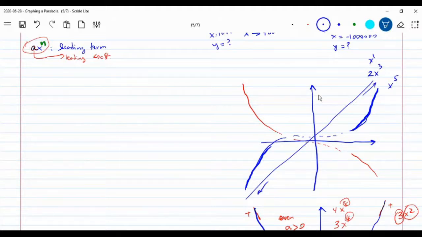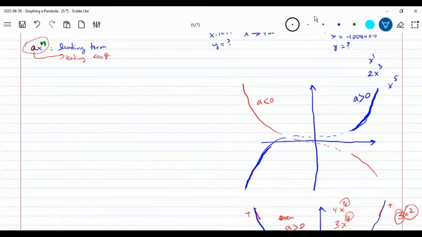So with an odd leading term, one end behavior is positive and the other is negative. The blue line is when the coefficient is positive. The red line happens when the leading coefficient is negative. I can show you through an example.